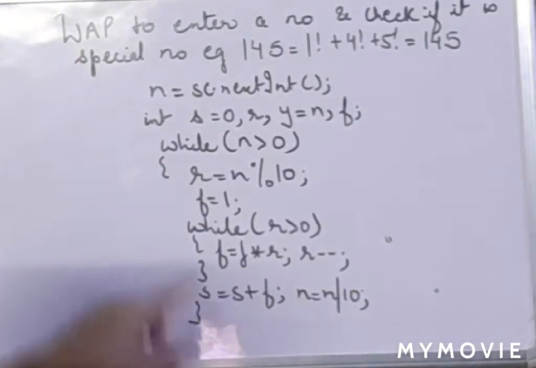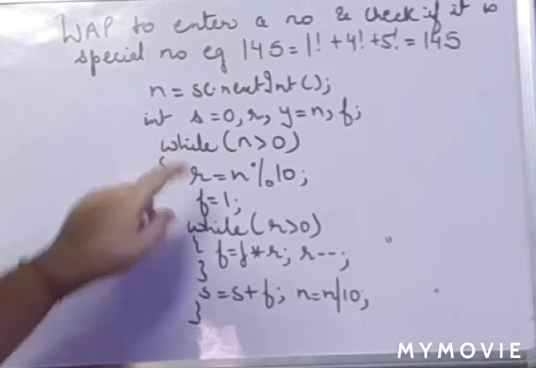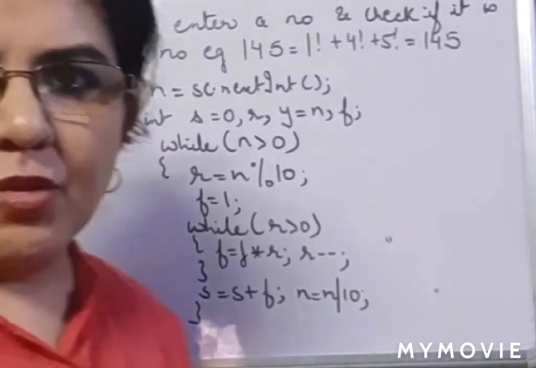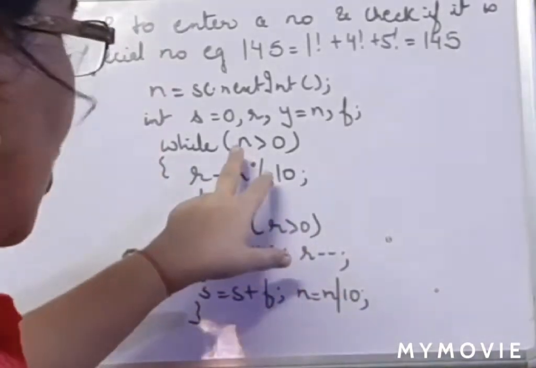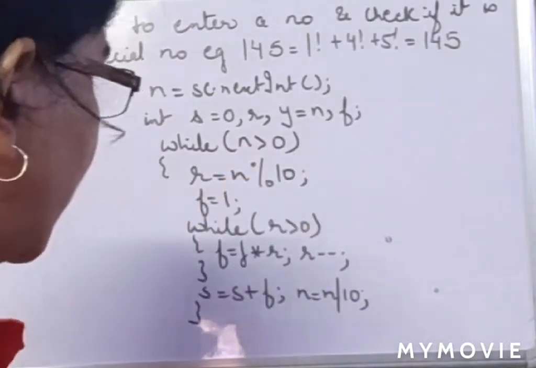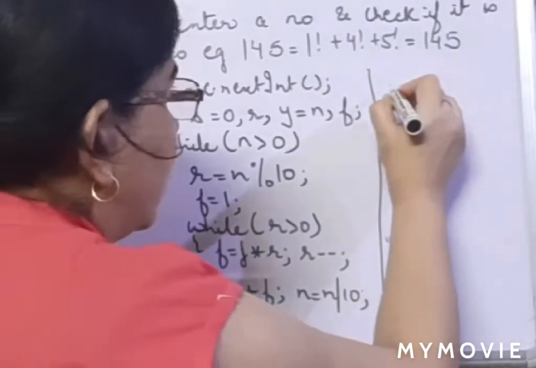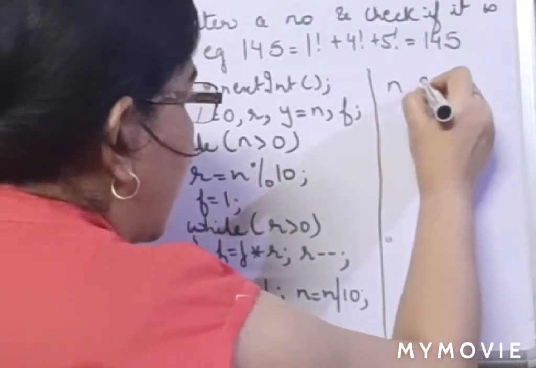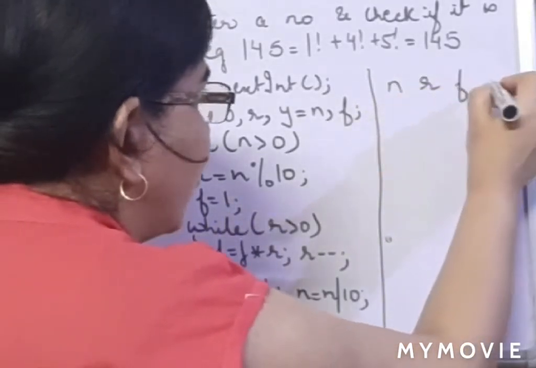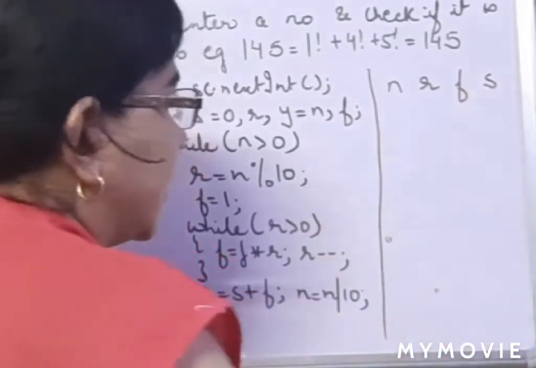Now you are seeing there is a while loop present within the outer while. While n is greater than 0 will extract one digit from your number. Like this is n, this is r, this is f, and this is s.